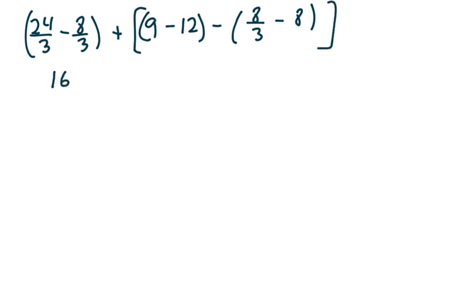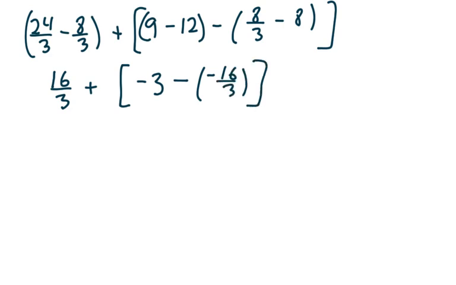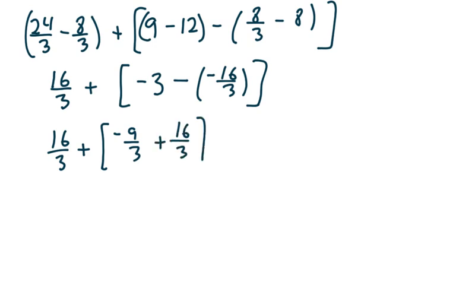So we get 16 thirds plus negative 3 minus negative 16 thirds. So negative 3 can be written as negative 9 thirds. So this is 16 thirds plus negative 9 thirds plus 16 thirds. So the correct answer here is 23 thirds.